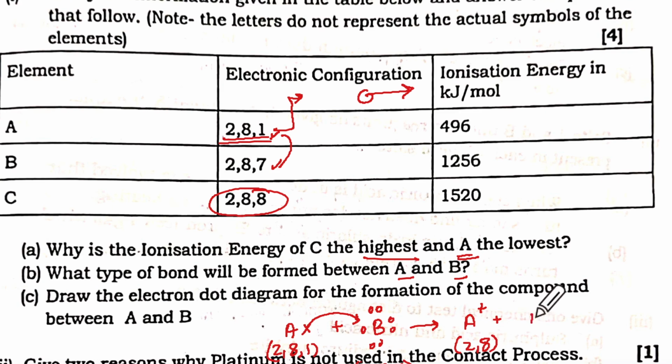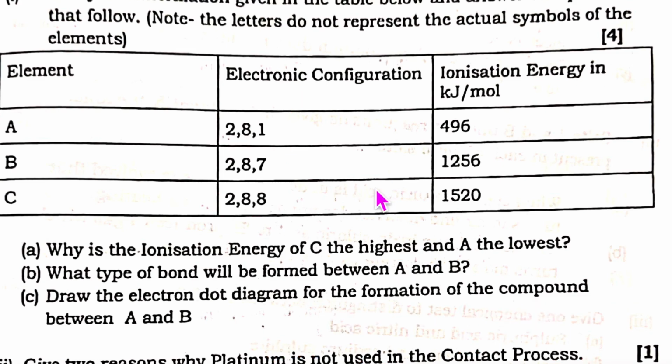So now B is going to become 1, 2, 3, 4, 5, 6, 7 and this 8. So that will become minus sign here and it will become 2, 8, 8. And then that will become your AB. Understanding? So that is the electron dot diagram for 1 mark.